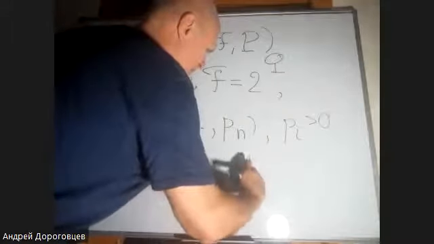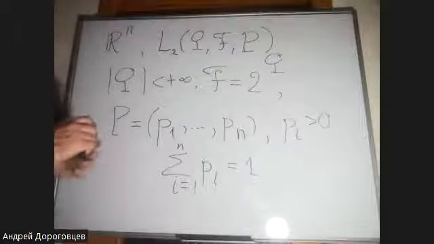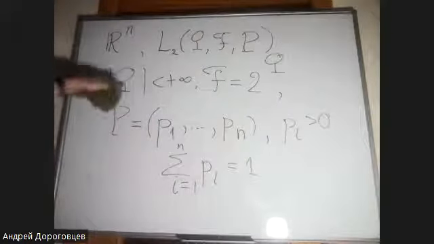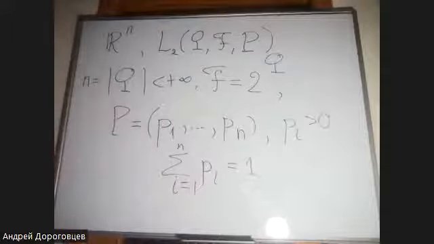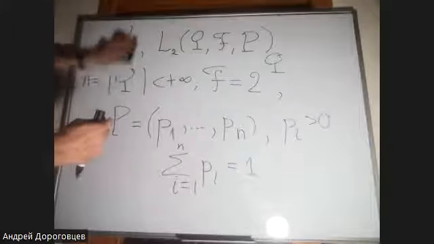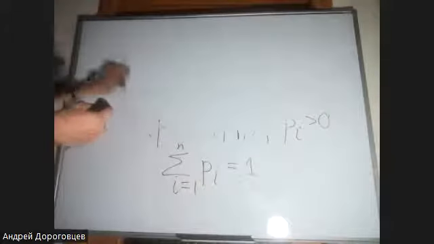This is also a finite dimensional Hilbert space, which has a dimension equal exactly to the number of points in our probability space.